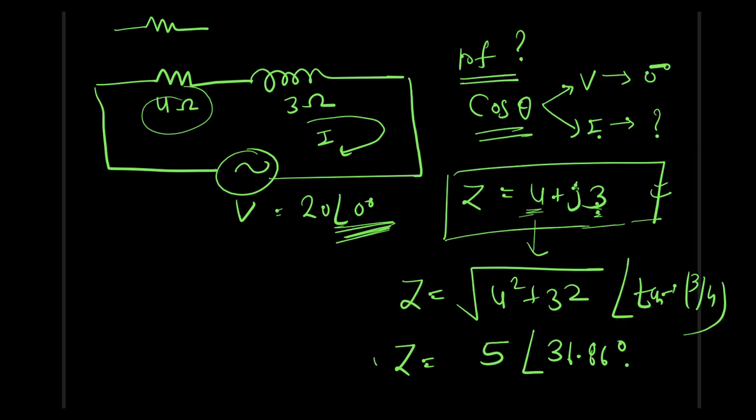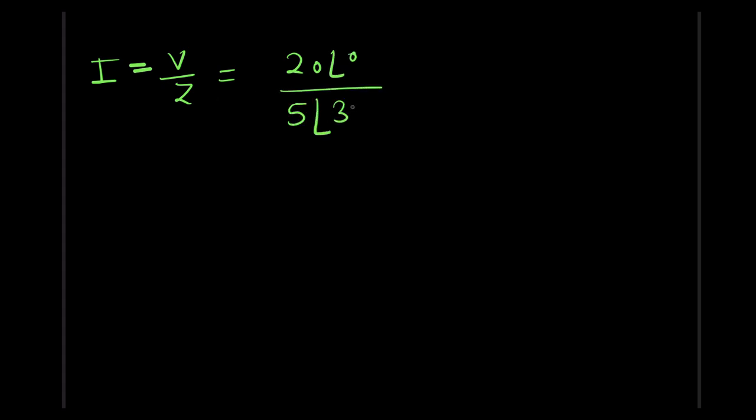So we have Z, we have V, we have to calculate I. From Ohm's law, we know that I is equal to V by Z. So current will be equal to voltage 20 at an angle 0 degree upon Z, which is 5 at an angle of 36.86 degree. It will be 4 at an angle of 0 minus 36.86, which is minus 36.86 degree.